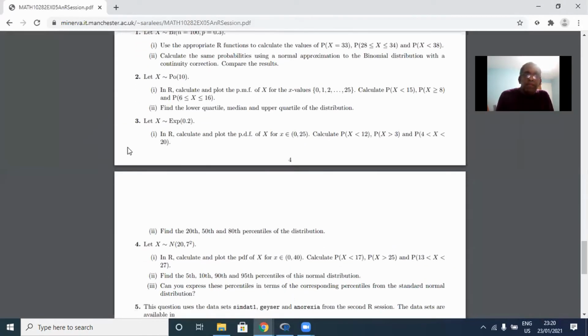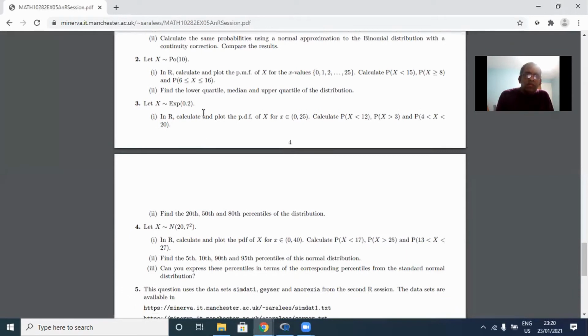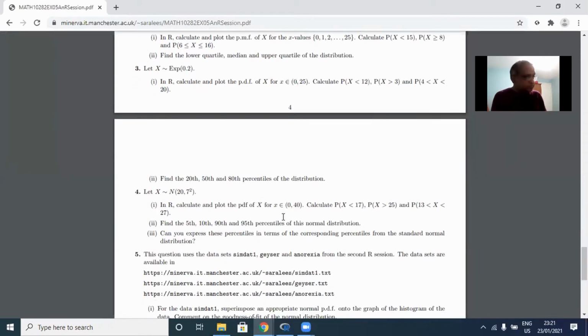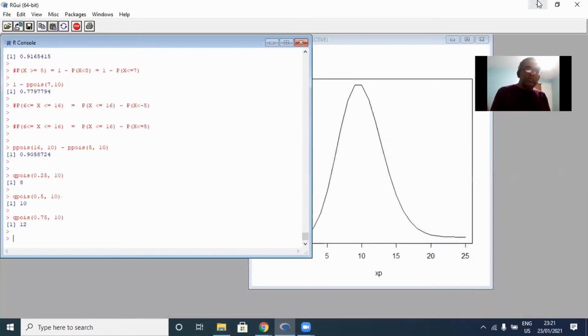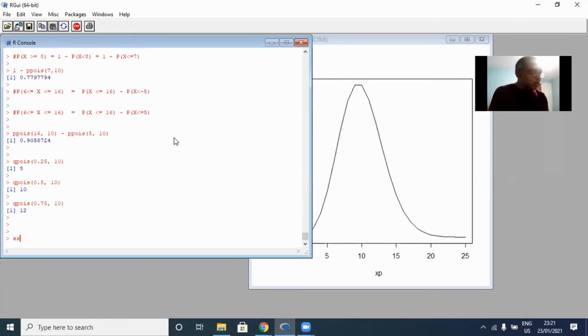Exercise 3 is about the exponential distribution. Calculate and plot the PDF of x for x between 0 and 25, and then compute these probabilities and also find the percentiles. Let's see how we can do that. It's not really difficult. First of all, to plot the PDF of the exponential with parameter 0.2, you need to define the x values. Let's call it xe, the sequence from 0 to 25 in steps of 0.2.